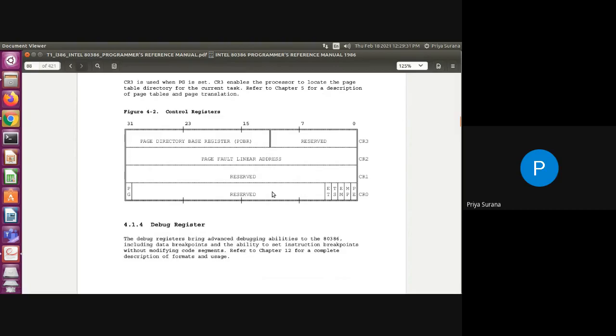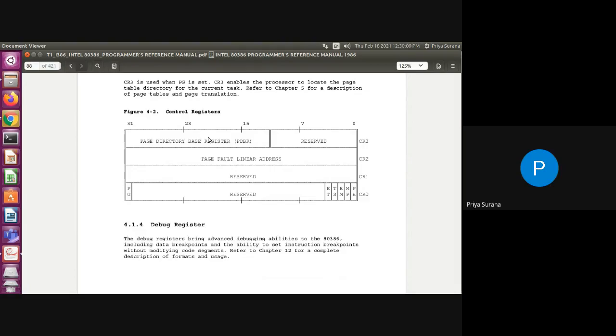For CR0, a few bits are active bits, others are reserved bits. If you check, 1, 2, 3, 4, 5, and 6 are active bits. CR1 is reserved, CR2 holds the page fault linear address, and next is CR3, that is PDBR. Already discussed, only 16 bits of the CR3 register will be in use.